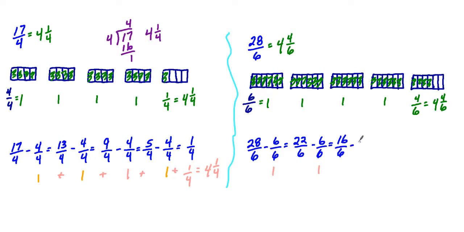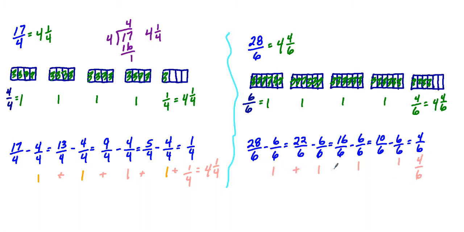And 22 take away 6 is 16/6. We can take away another whole, another full amount. That leaves us with 10/6. That's more than 1, so we can take away another full amount. And when we do that, it leaves us with 4/6, which is less than a whole, so we're done.